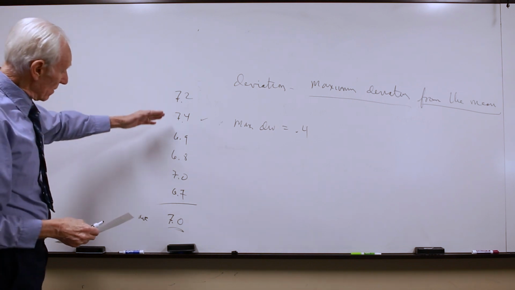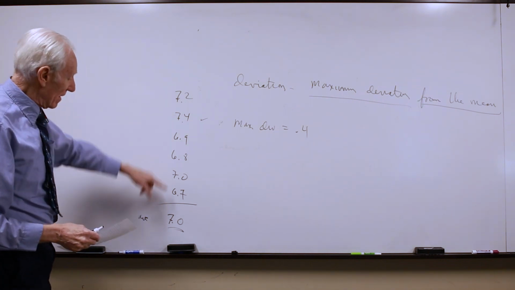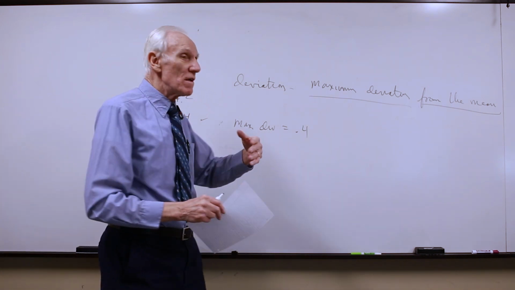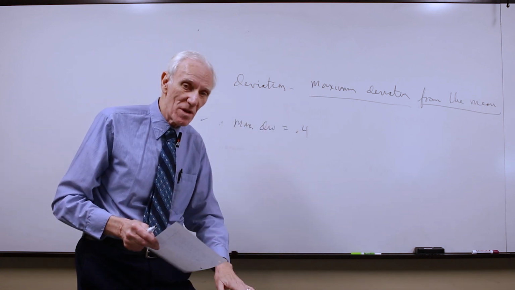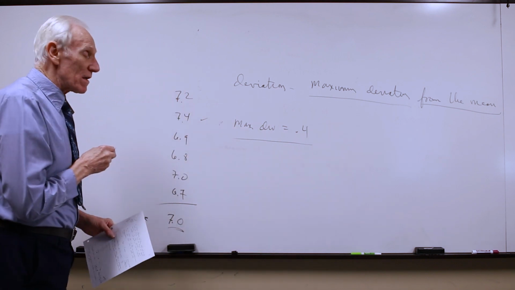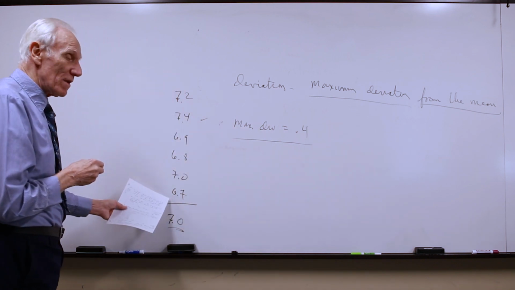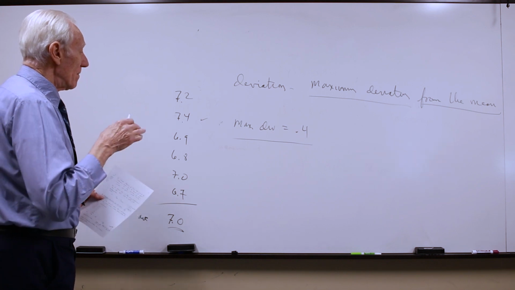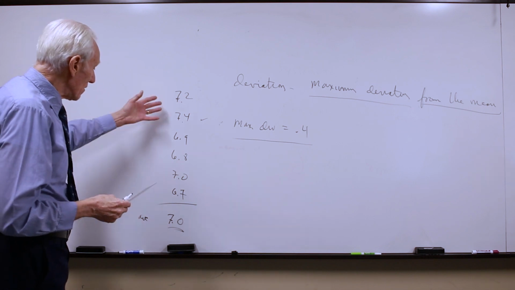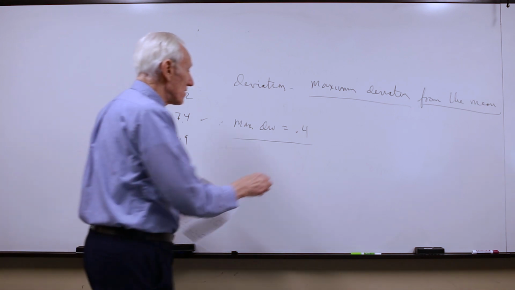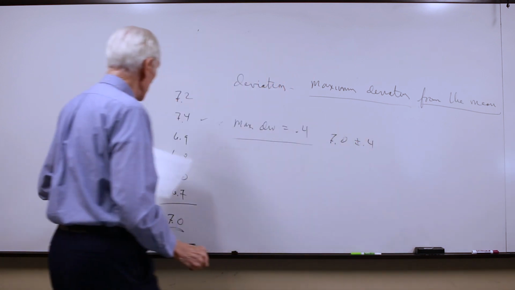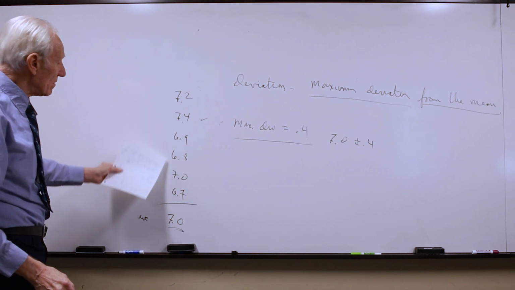Now, if you look at the maximum deviation below the average, it would be 0.3, but the maximum deviation means the value that's either highest above or lowest below the average. So we're done. The maximum deviation is 0.4, not 0.3 in this case. So I can write down, if I want to talk about the error range in this value, the answer is 7.0 plus or minus 0.4, because these numbers obviously show a random error.